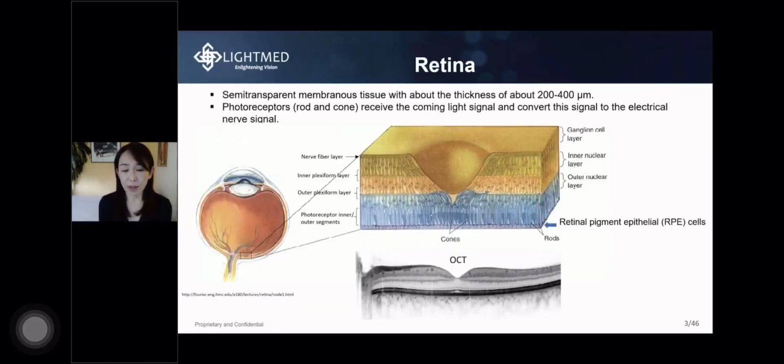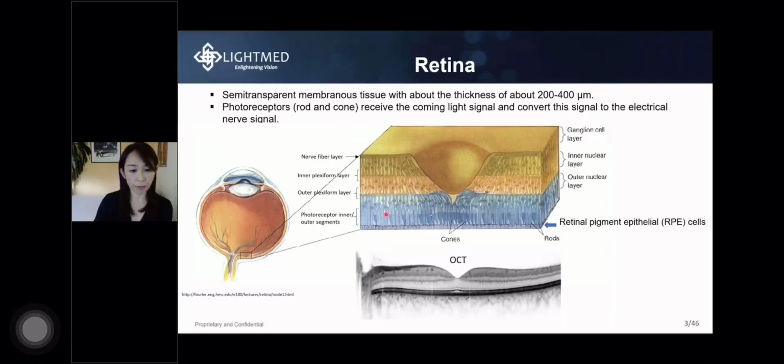So let's start with the basics first. We can look at the retina first. As you know, the retina is a semi-transparent membranous tissue with a thickness of about 200 to 400 micrometers.